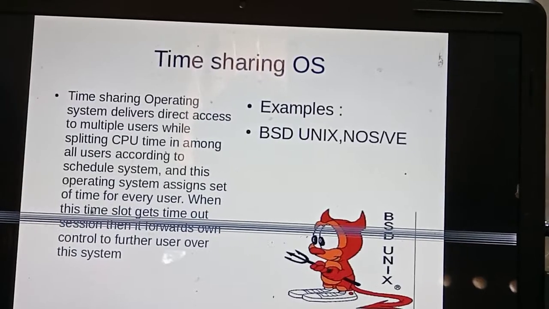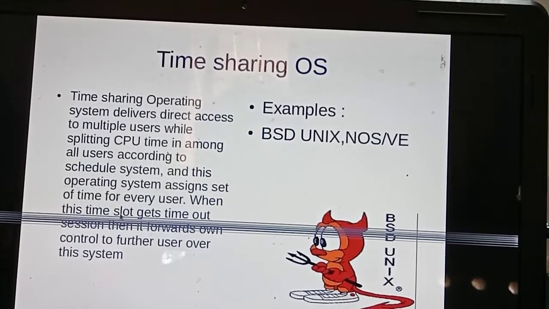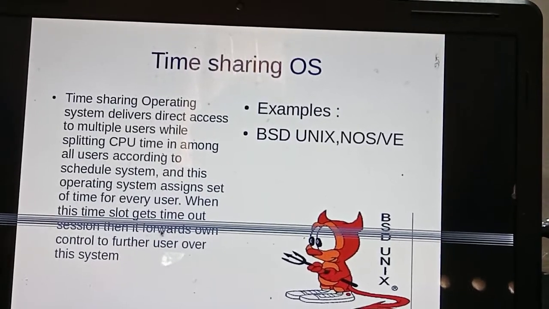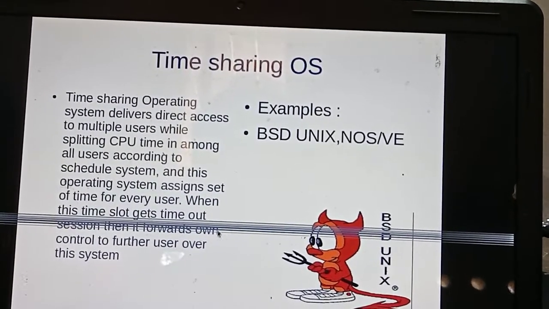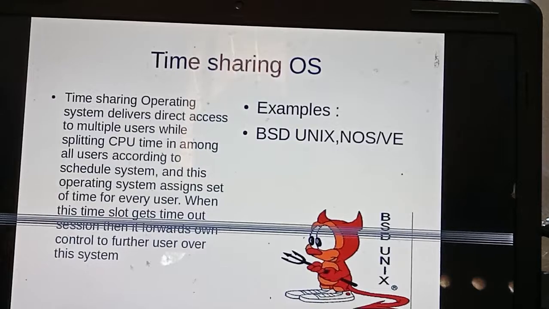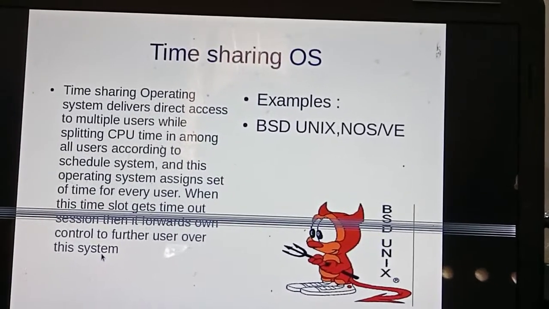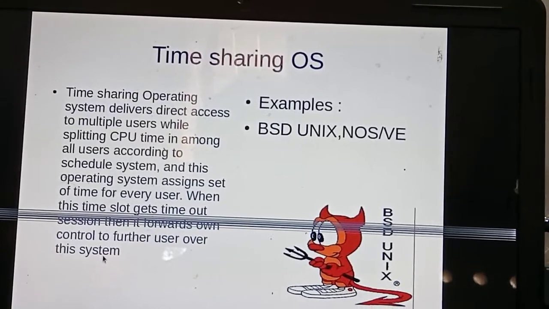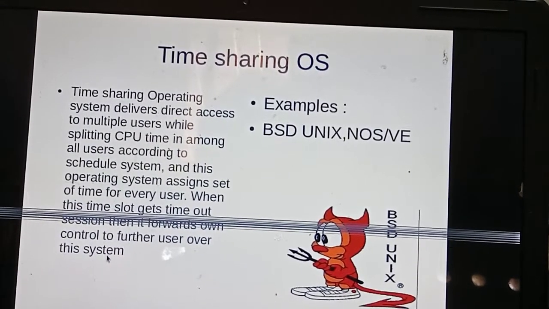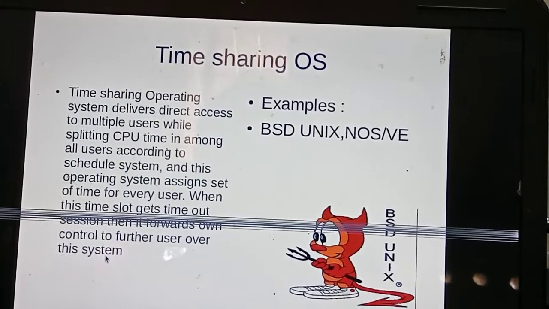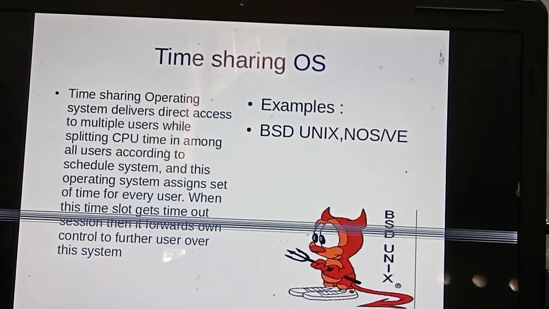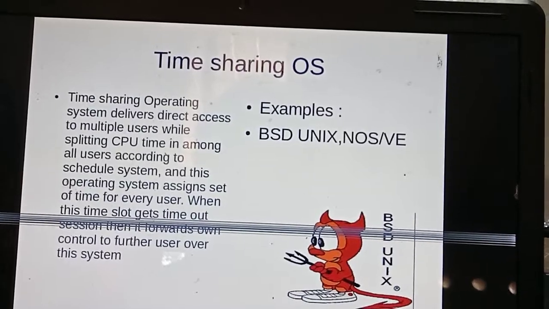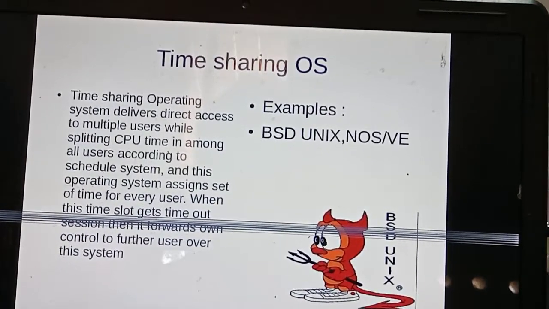When this time slot, that is the time interval slot, times out, it forwards control to the next user or system. That is, the CPU allows a certain amount of time. Within that time, the first user can complete the program. Otherwise, the CPU schedules the second user.